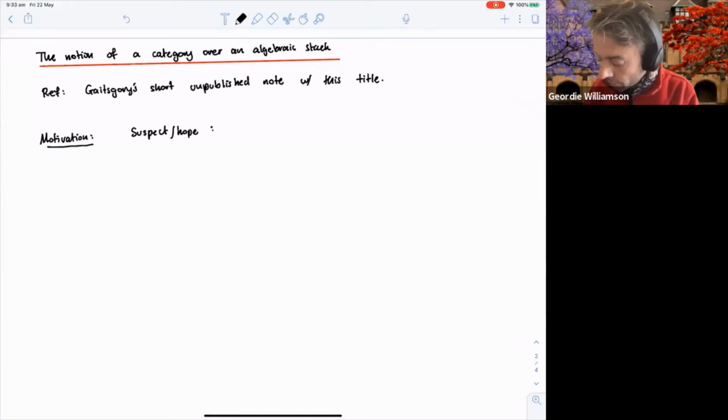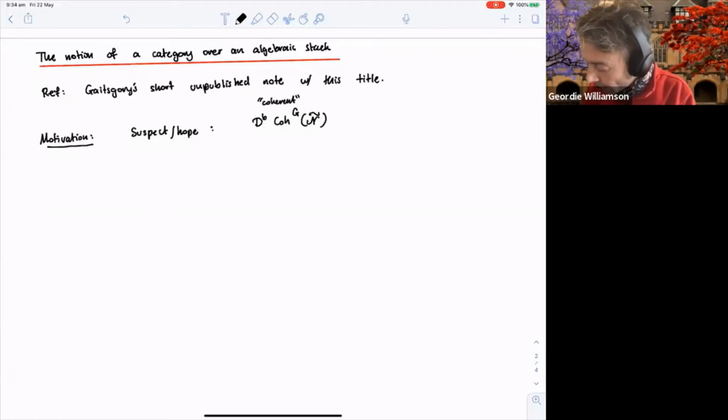We want to establish a relation between this, the coherent side, and the antispherical, the constructible side.